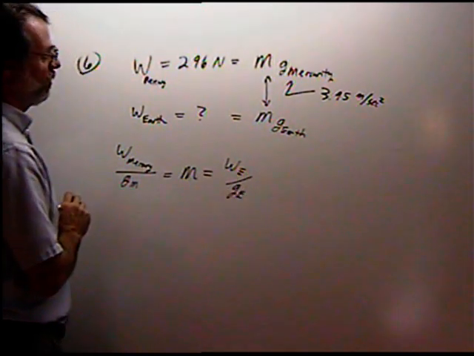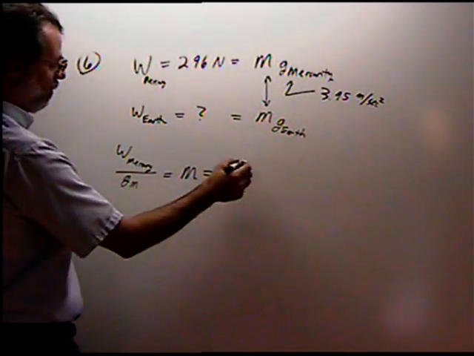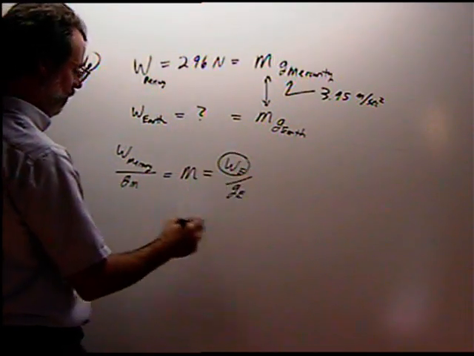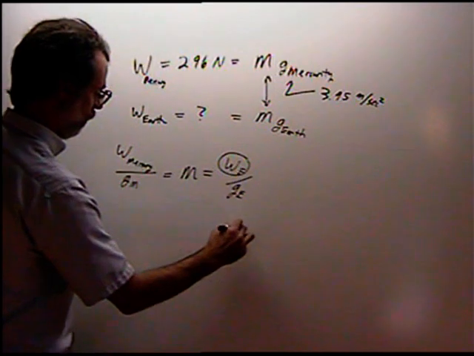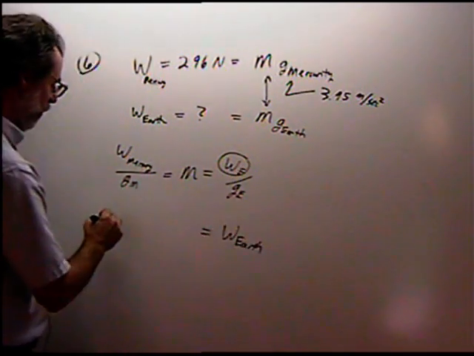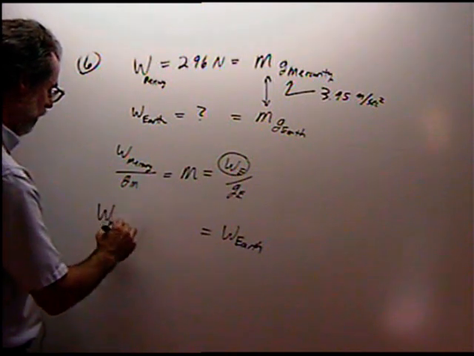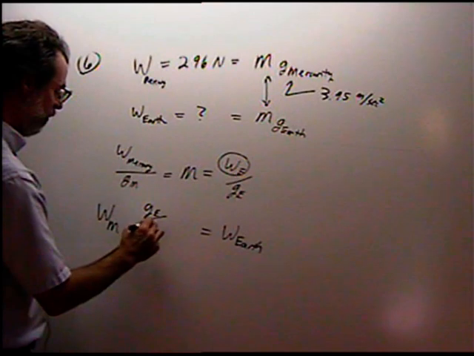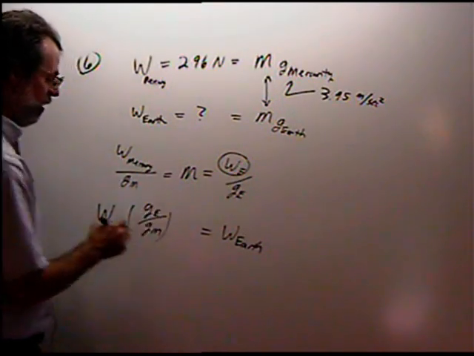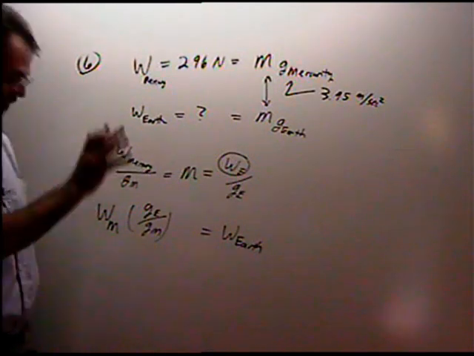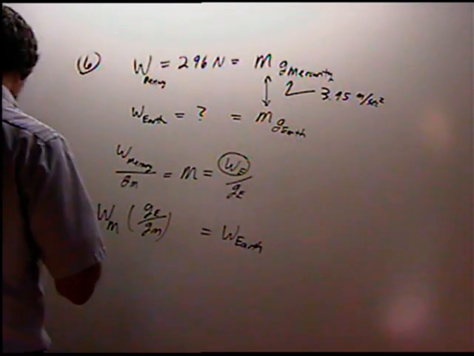What we want to solve for is the weight on Earth. So the weight on Earth is simply the weight on Mercury times gravity on Earth divided by the gravity on Mercury. Just like the other problem, we just plug in the numbers and we should get the answer. Okay?